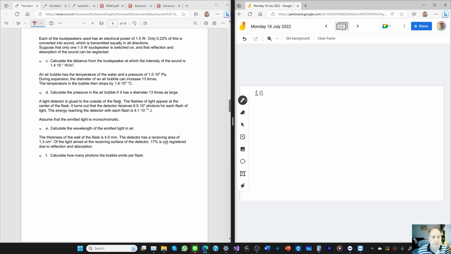Well, what you need to know here is that the energy of a photon is tied to its frequency. This is a fundamental relation you definitely have to be aware of. And the constant in between is Planck's constant.